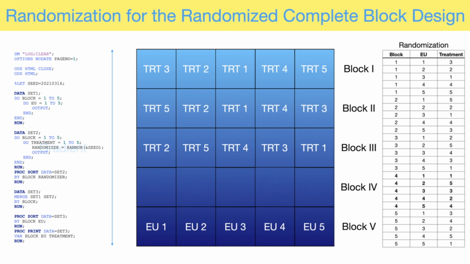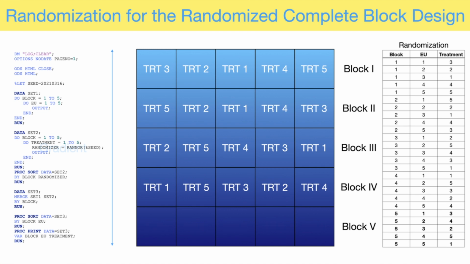Block 4, the procedure assigned treatments 1, 5, 3, 2, and 4 to experimental units 1 through 5, respectively. And then finally, for the fifth block, the order of the treatments to experimental units was 3, 4, 2, 5, and 1.